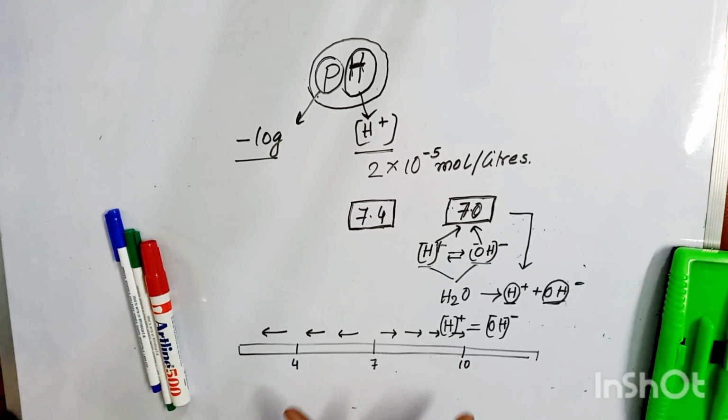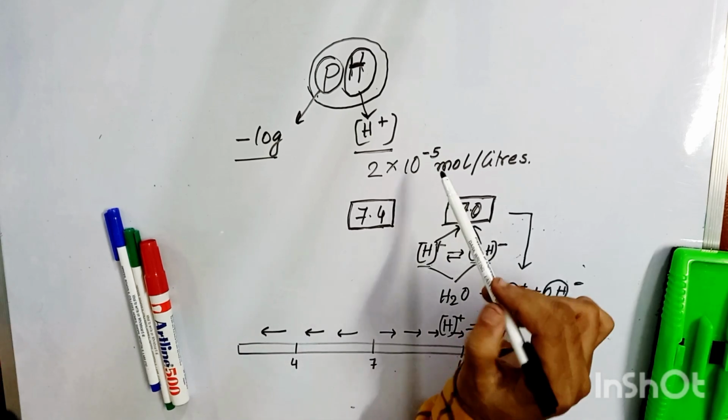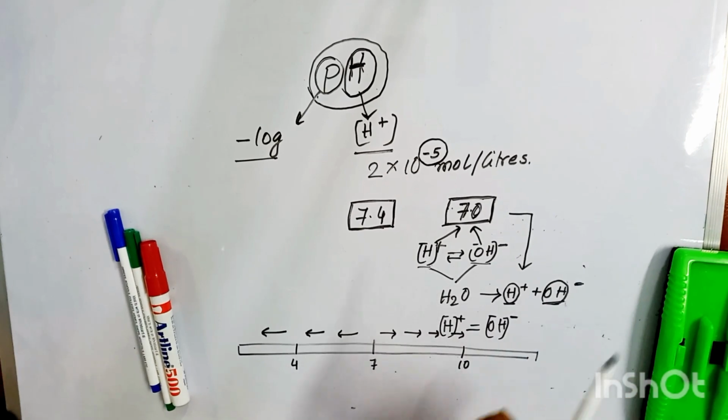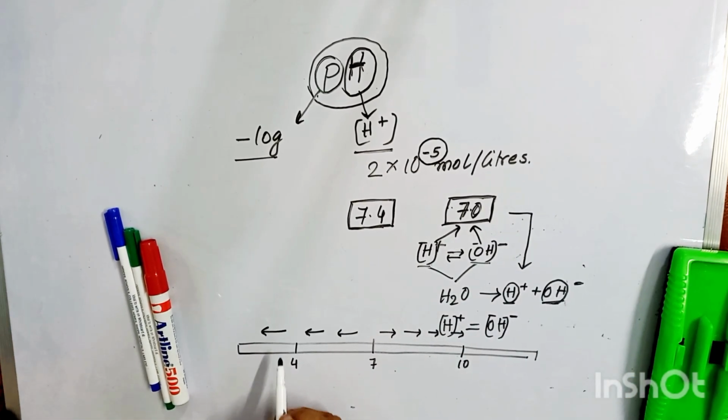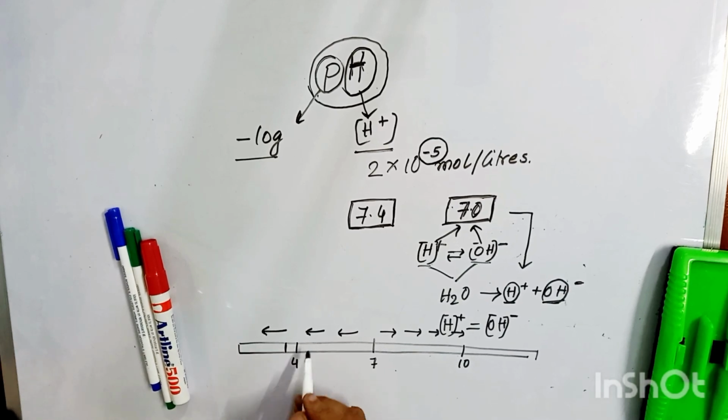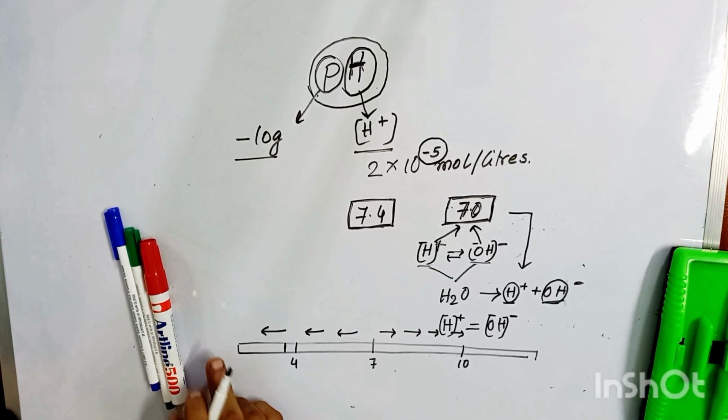reflect hydrogen ion concentration, and it is majorly a factor of 10. A concentration of 10 to the power minus 5 is in the negative part, so minus 5 comes here, more than minus 4.